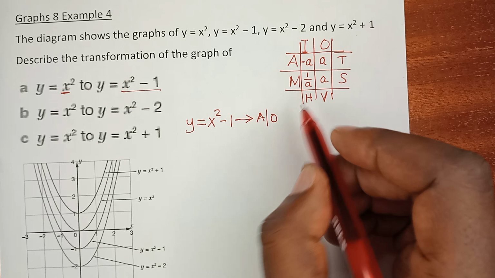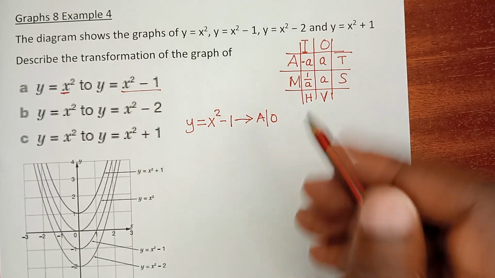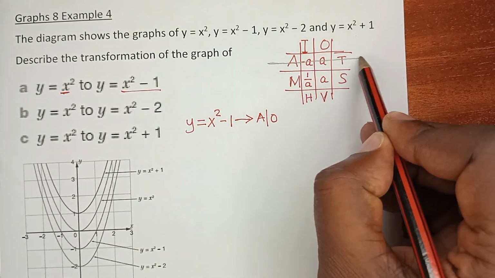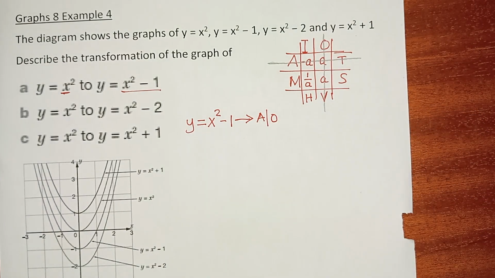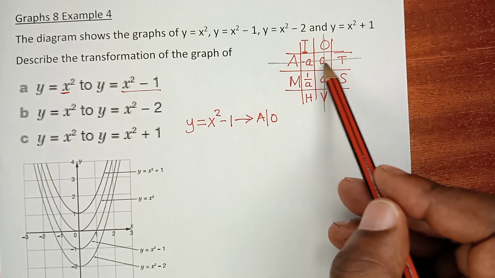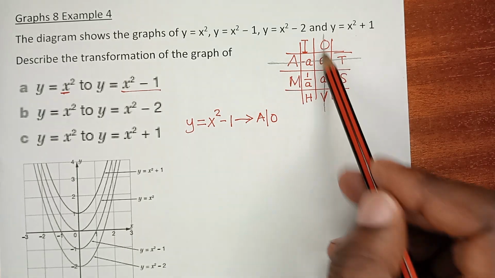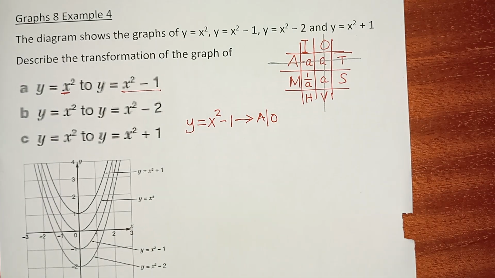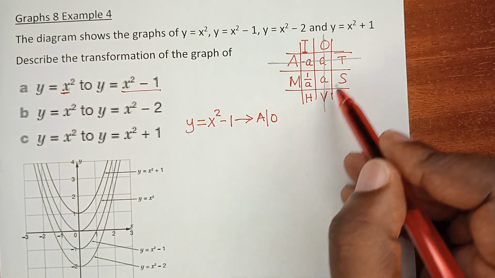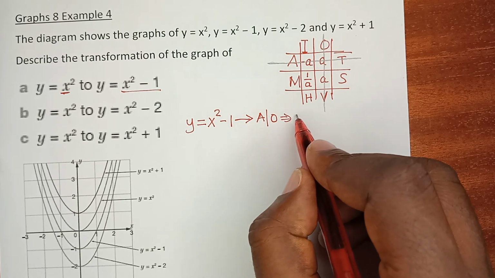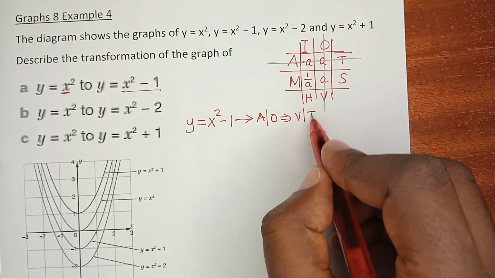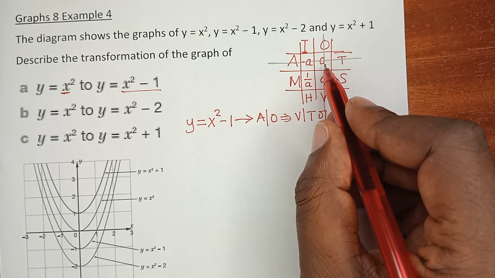And according to the table, addition outside, we are meeting here. That means this is a vertical translation of a steps.